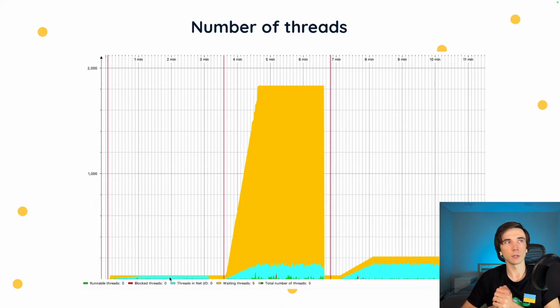But the problem with the original one was that it was creating a new thread for each parallel controller child. So the bigger the scenario, the more threads you will create. For 30 threads, it created almost 2,000 threads. That's huge, and almost all of them were not doing anything at all.